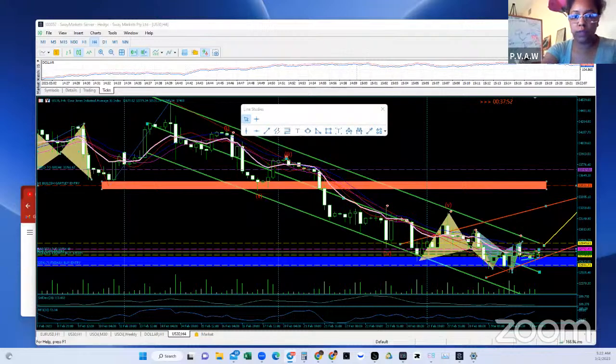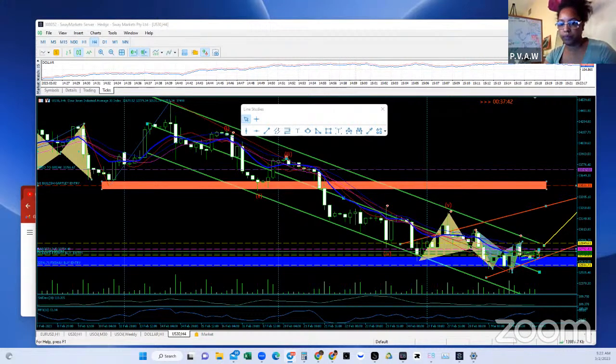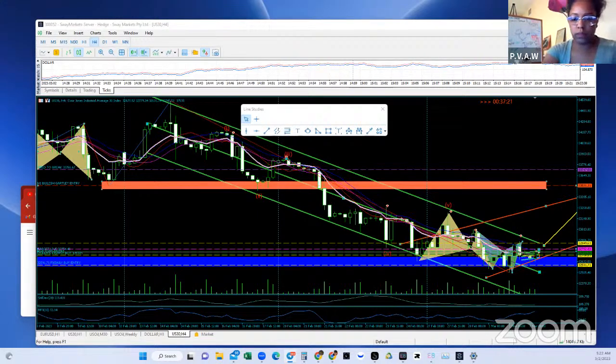I won't be surprised if we get a push down first before we get a push up, due to the fact that a lot of people are probably in buys. Copy link. Edit. Control V. Save.